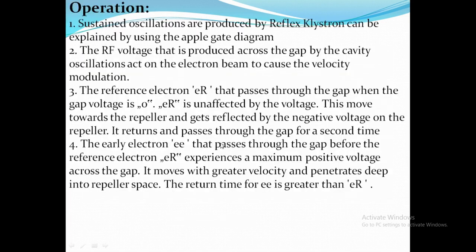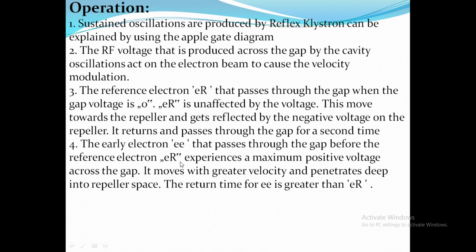The reference electron, unaffected by the voltage, moves to the repeller, returns and passes through the gap a second time.